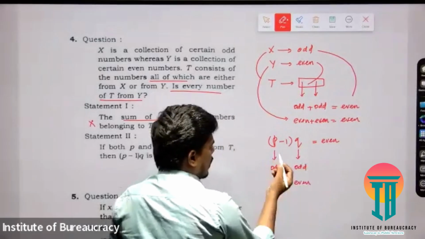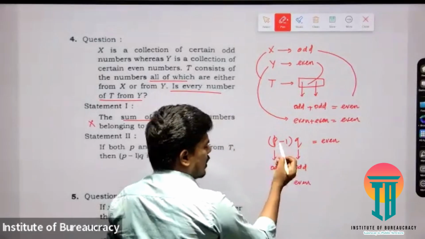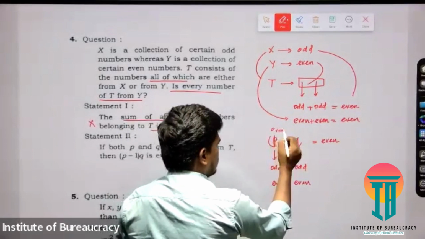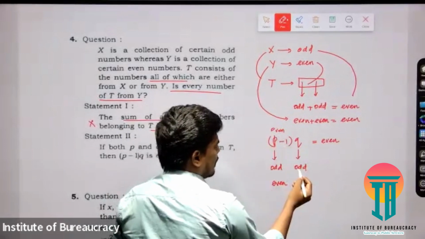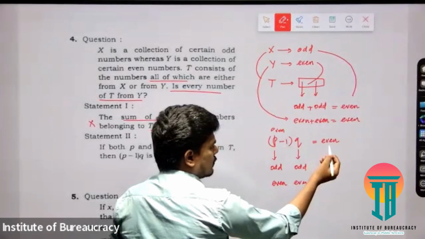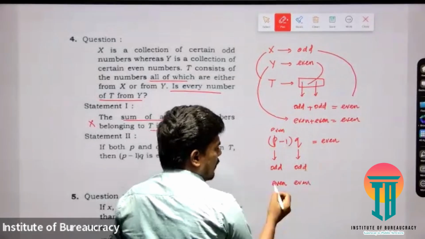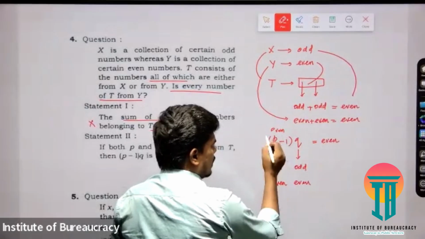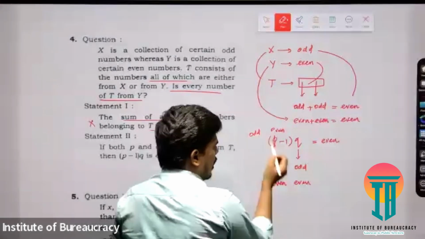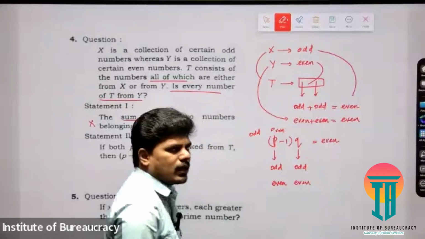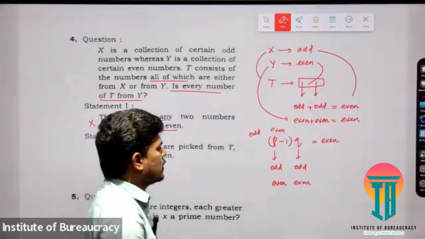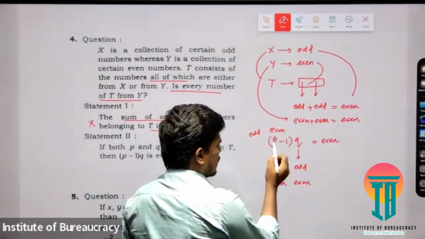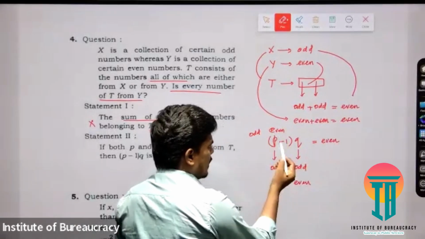When P and Q are odd, what is P minus 1? Odd minus 1 is an even number. Even number times odd number is going to be an even number. When P is even, P minus 1 is odd. Odd number times even number is again an even number. So when P is odd, P minus 1 is even. When P is even, P minus 1 is odd.